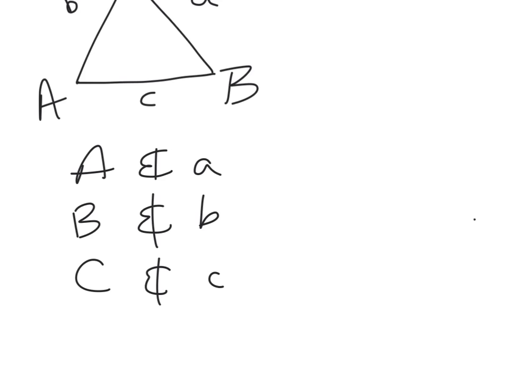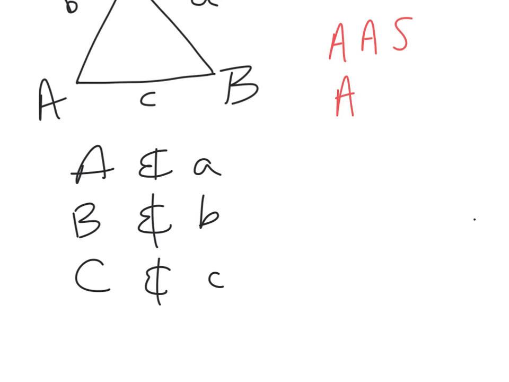So that means it's really useful in certain scenarios. If we know two angles and a side, for example, if we know angle A, angle B, and then either side A or side B, then we would have B with B or A with A. Either scenario would give us exactly what we need to work with the law of sines.